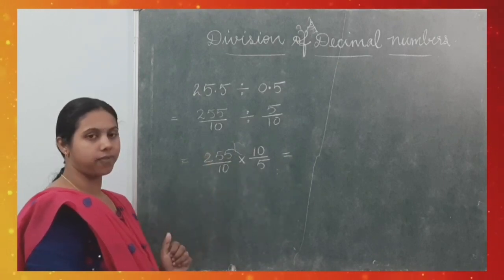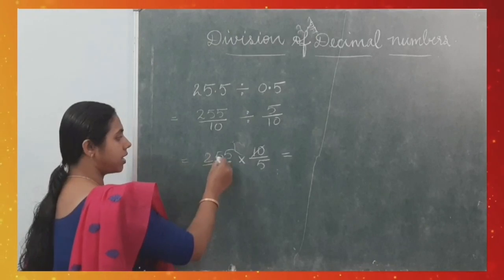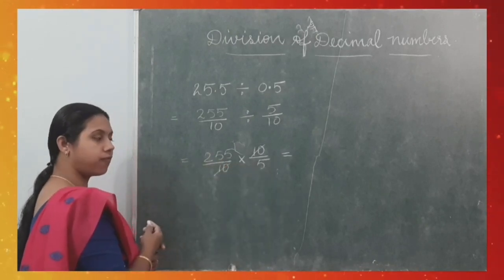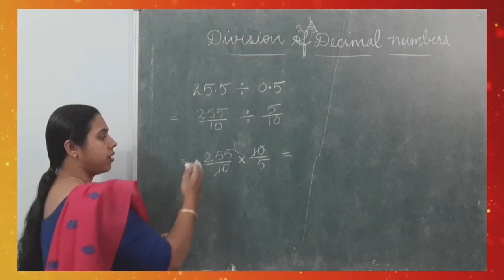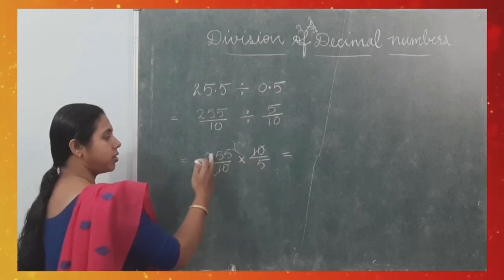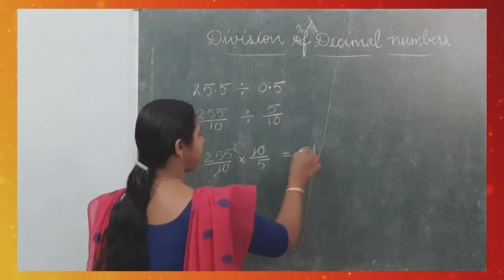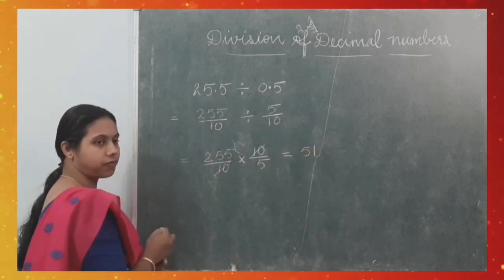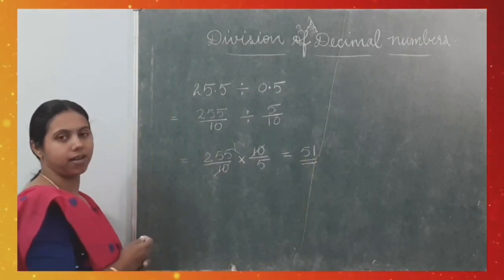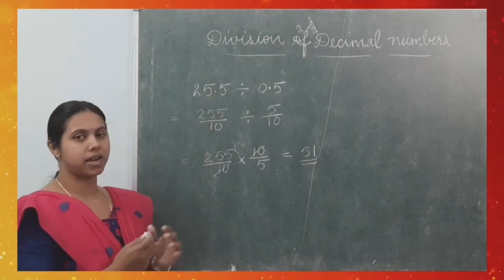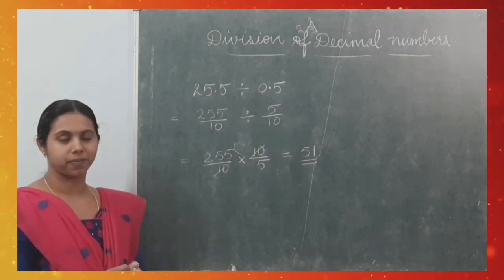Very easily you can find the answer. Here 10 and 10 cancelled. 255 by 5. How many 5s in 255? 5 5s are 25. 1 5 is 5. So 51 into 5 is 255. So the answer is 51. See, when you divide two decimal numbers, we got the answer 51.